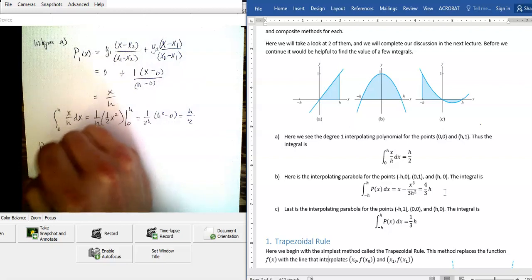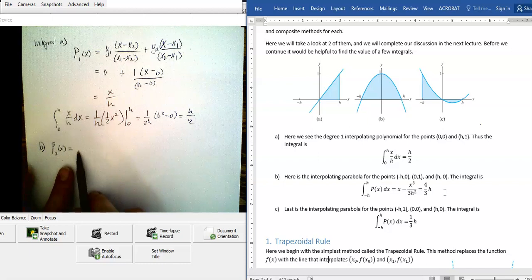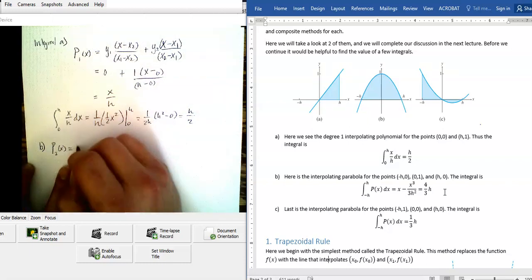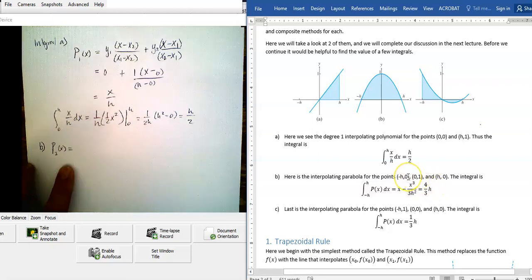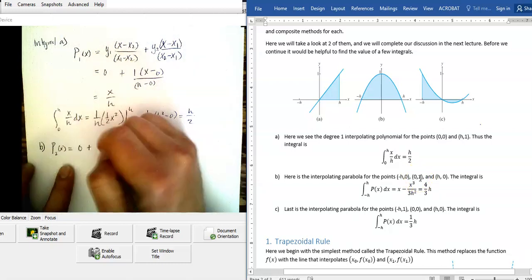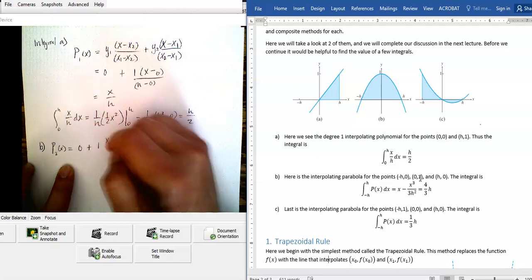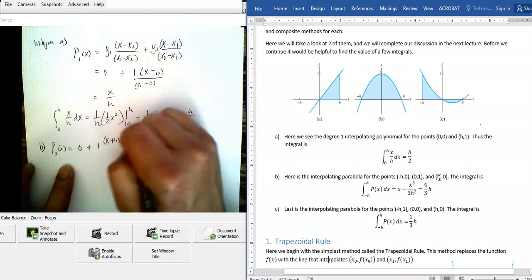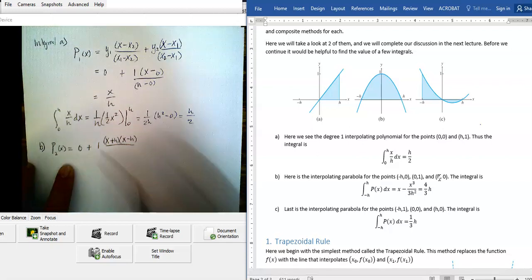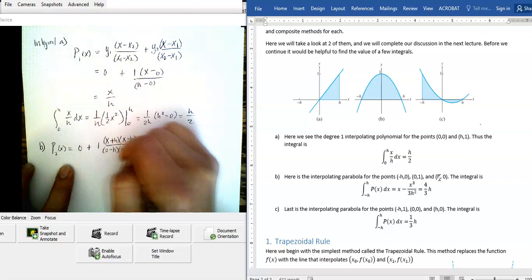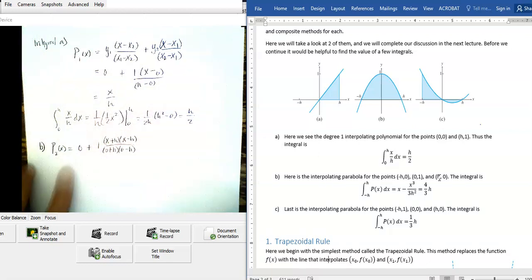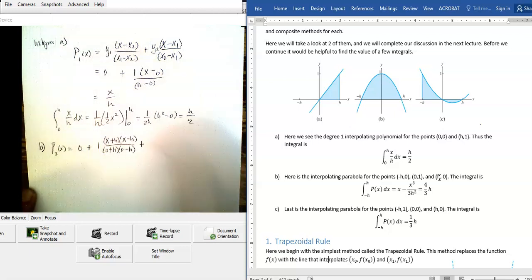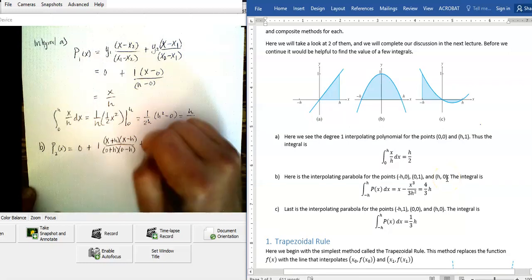So p2 of x here, using our formula previously, will be y1, which is 0, which is nice, plus y2, which is 1, times (x minus x1), which is negative h, so x plus h, and (x minus x3), which is x minus h, over (x2 minus x1)(x2 minus x3), plus y3, which is 0 again, which is nice, right?